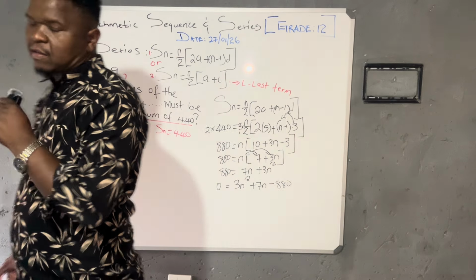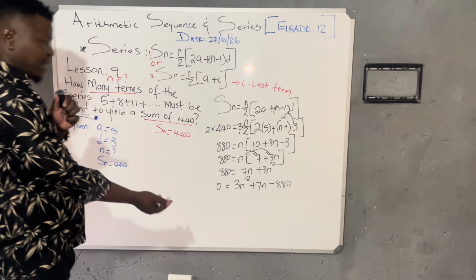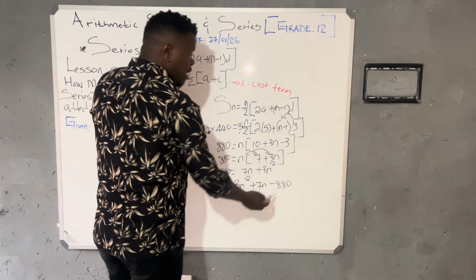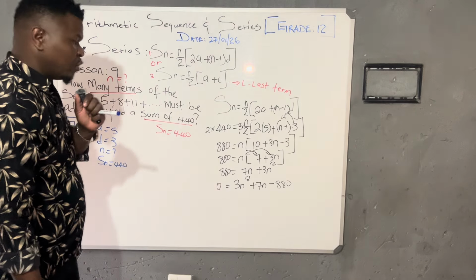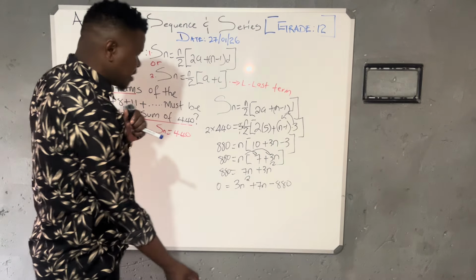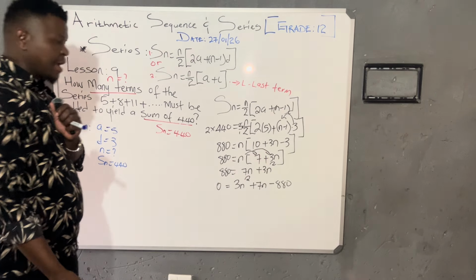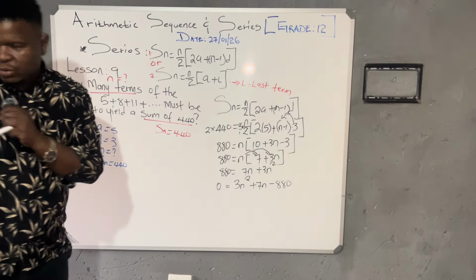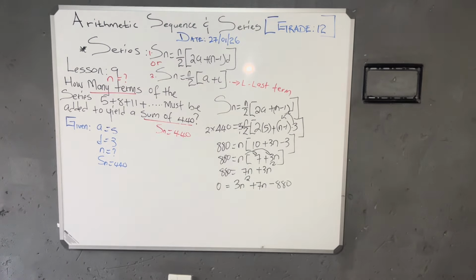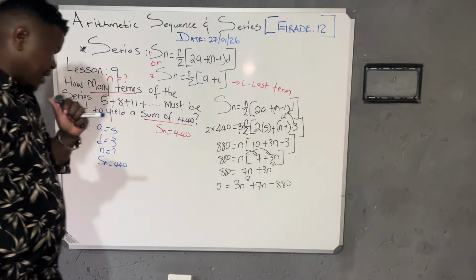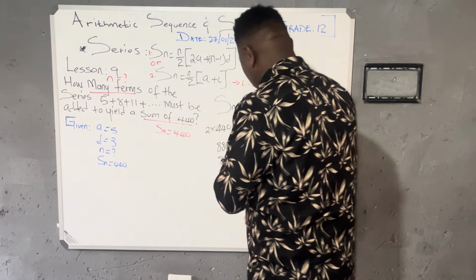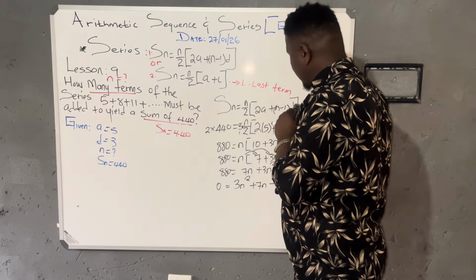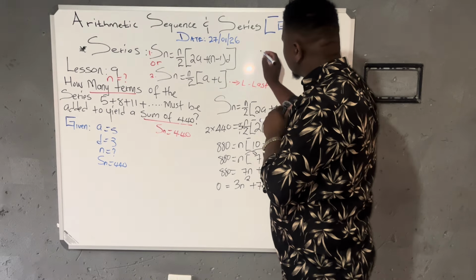We know in this case, learners, with huge numbers like 880, you can find factors of this that will give you 7 as a middle term. You are welcome to do that. However, we encourage that since we don't want to waste time in examination, apply this formula.